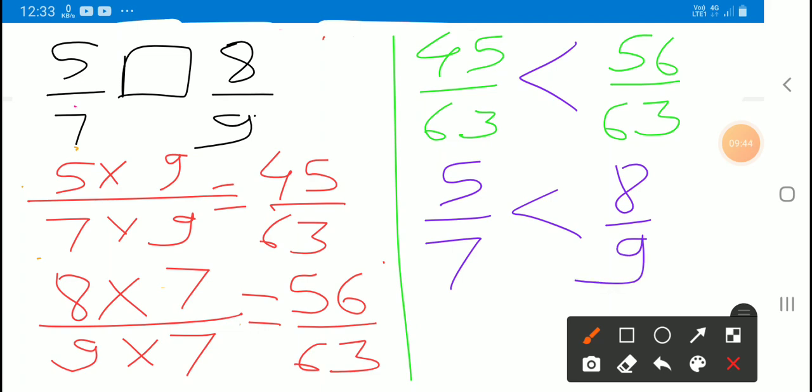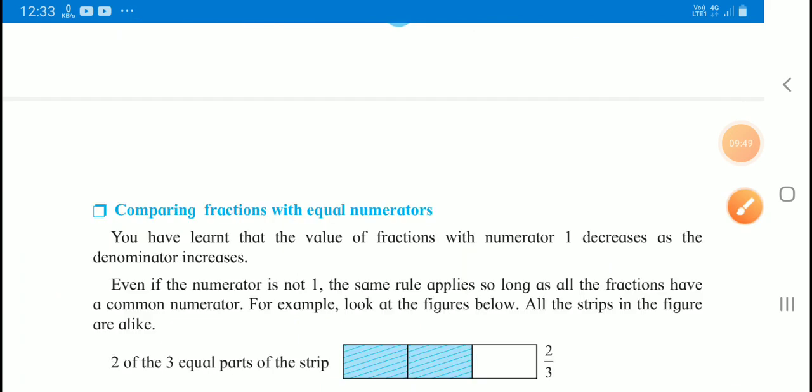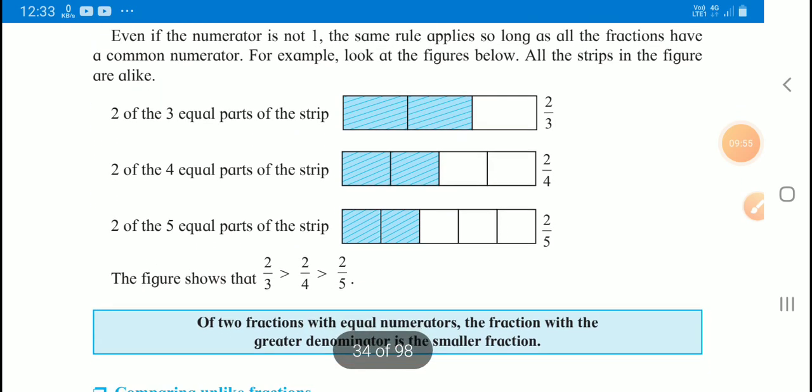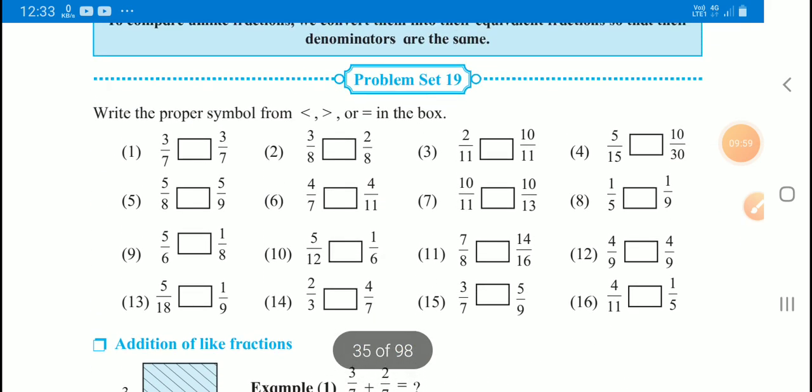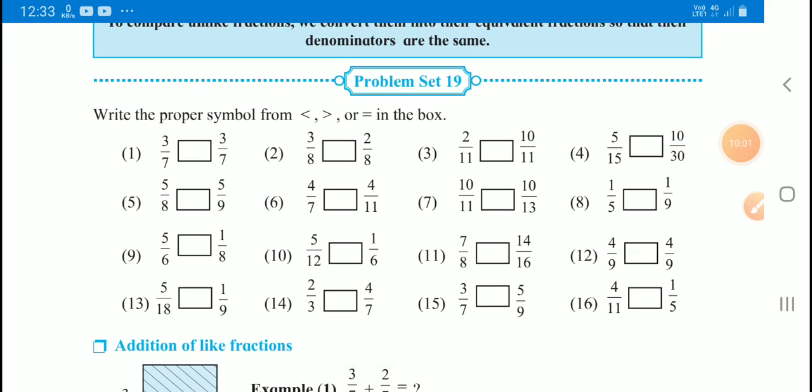Okay. In the same way you have to solve the examples from the practice set. Okay. Practice set 19. A few examples have been reduced. Which examples have been reduced, that I will tell to you.